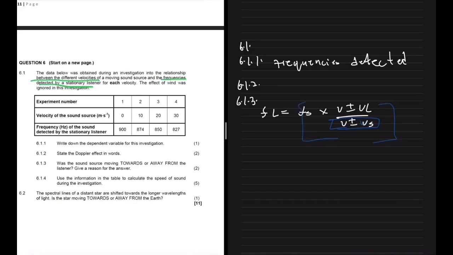If it's moving towards, you will have a minus on the denominator, so the whole number will go up. So in our case, the frequency is going down.